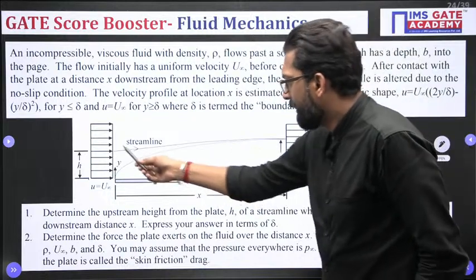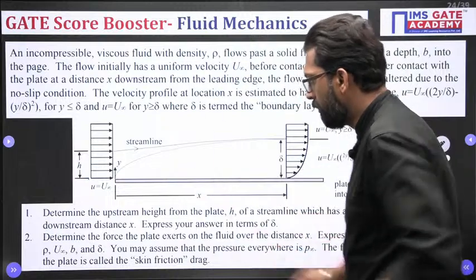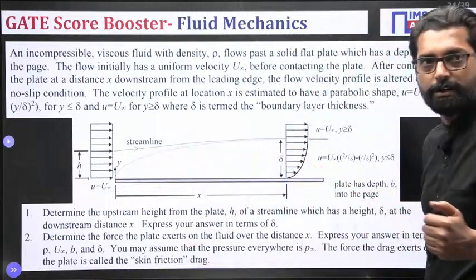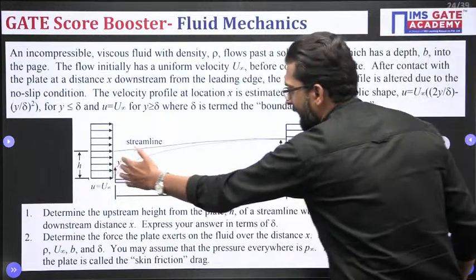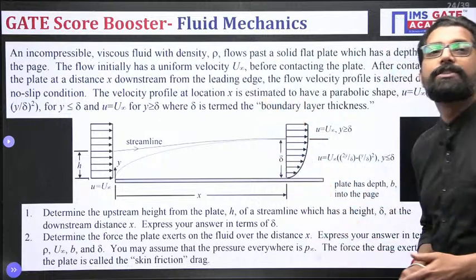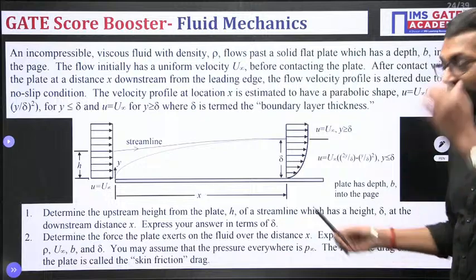see my dear, from here to here the velocity decreases. Yes or no? The velocity decreases. So the velocity decreases, and the mass flow rate is reduced. Mass into velocity, that means mass flow rate is reduced.